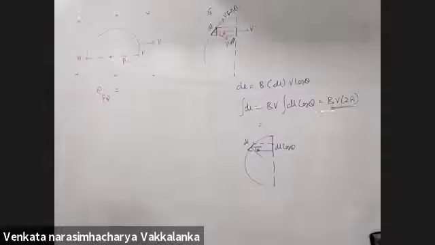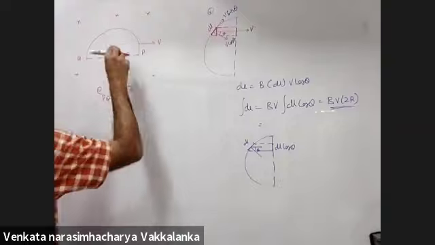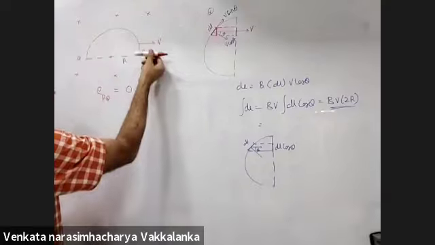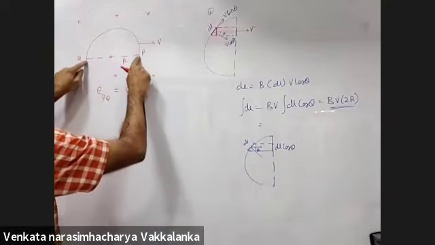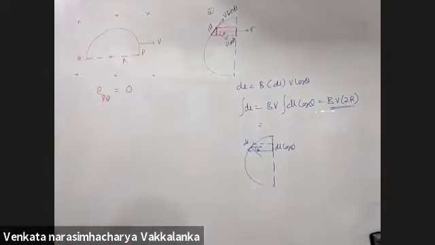Zero. Because when I join this side and I am making it move along its length, the motional EMF across the closing side will be 0. So even across this will be 0, because the net total across the whole of the loop should be 0. So also the left half and right half will have cancelling effects. That way also we can look at it.